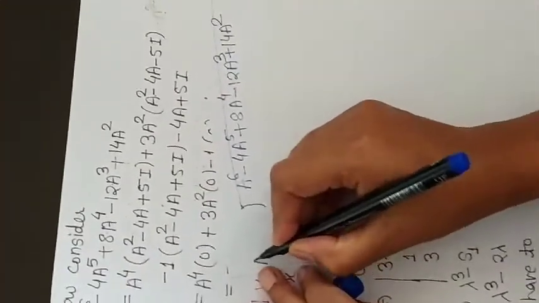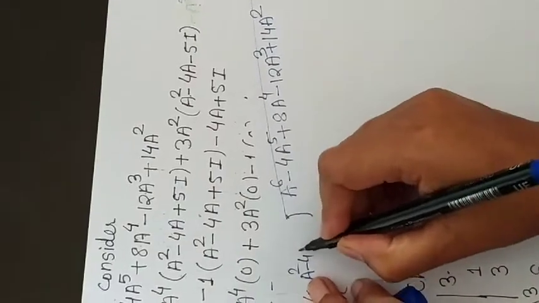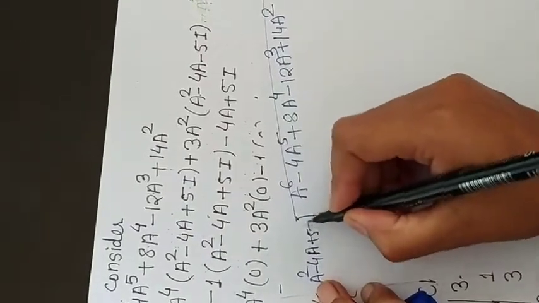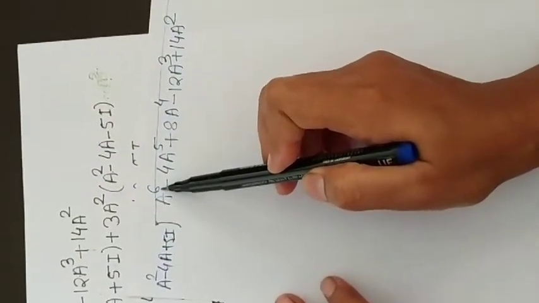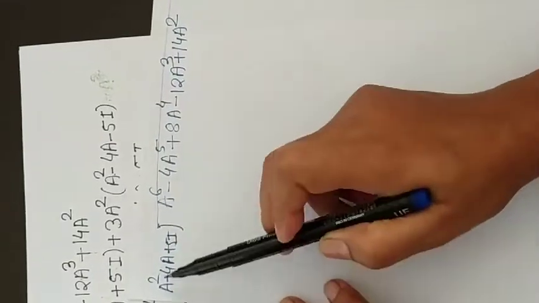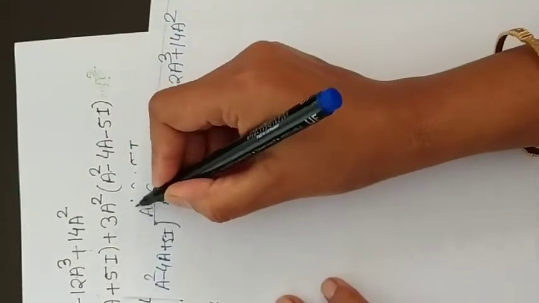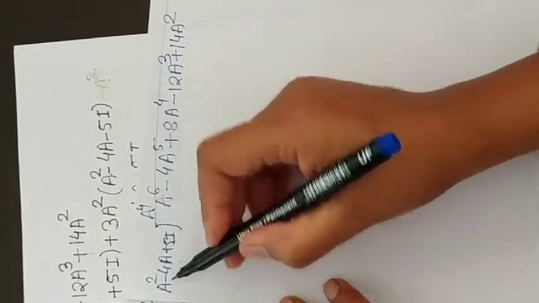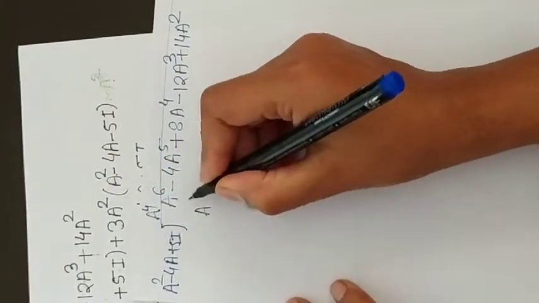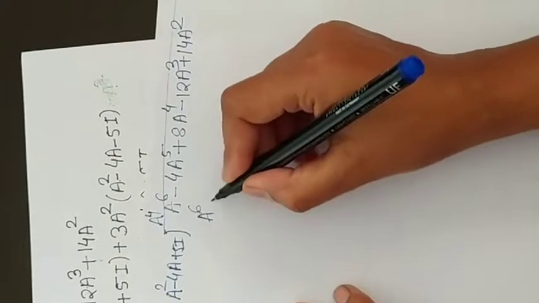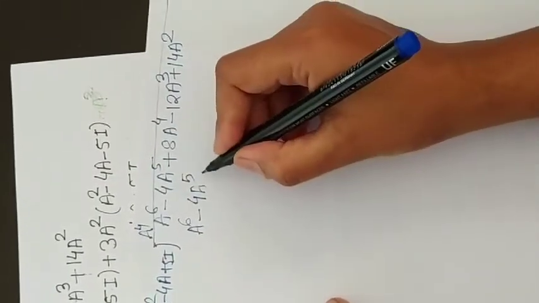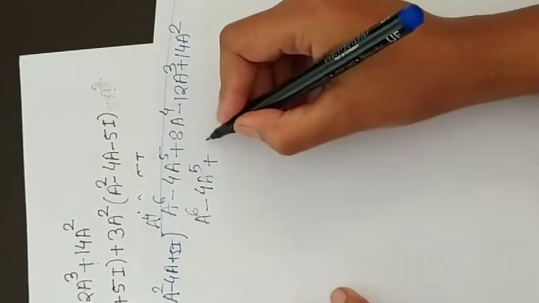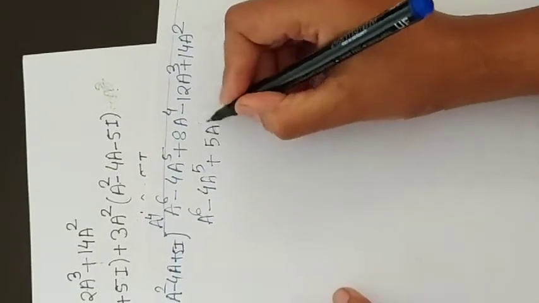The highest degree term is A square, whereas here it is A to the power 6. So I have to obtain A to the power 6 from A square, so we will multiply by A to the power 4. A to the power 4 into A square is A to the power 6. Now multiply by all other terms: minus 4A to the power 5, plus 5I into A to the power 4 is 5A to the power 4.